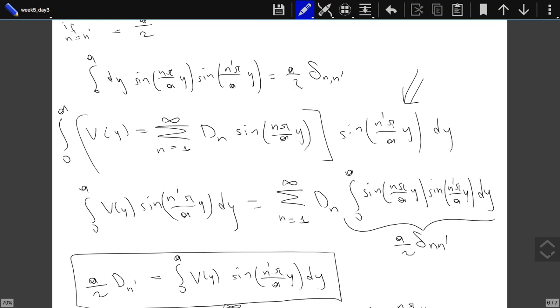So I have to do something to my equation that will single out one of the unknowns. If I just multiply it with this sine and integrate over y, only one term in this summation contributes to my sum, and that is d_n'. On the other side, of course, I have this integral. Once you tell me what the boundary condition is, I can evaluate this integral, and then I can find what d_n' are, and once I know them, I know my potential.